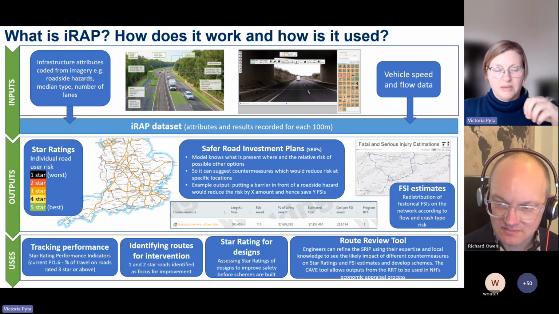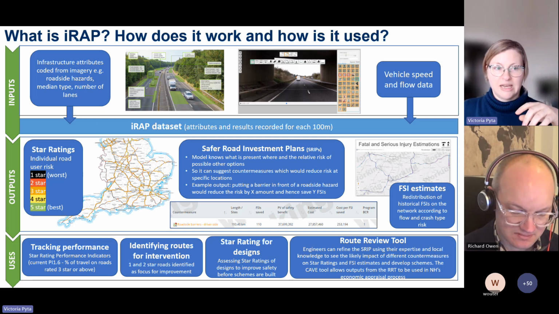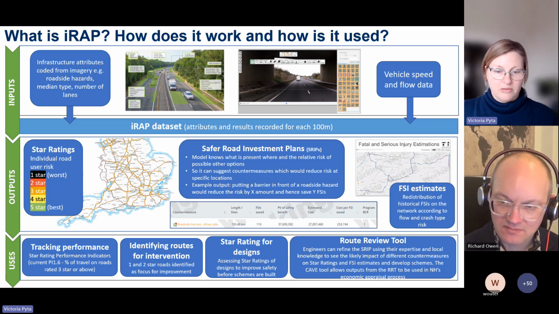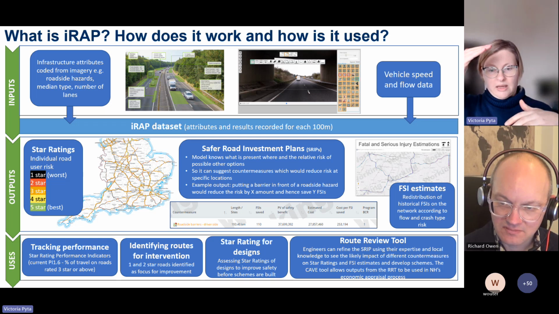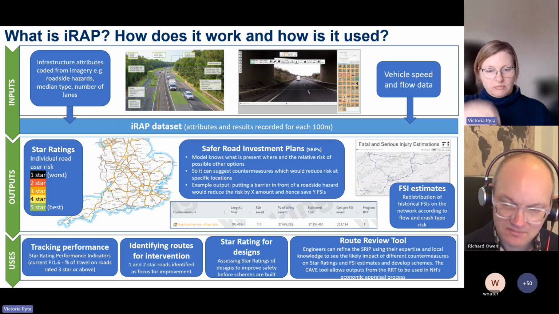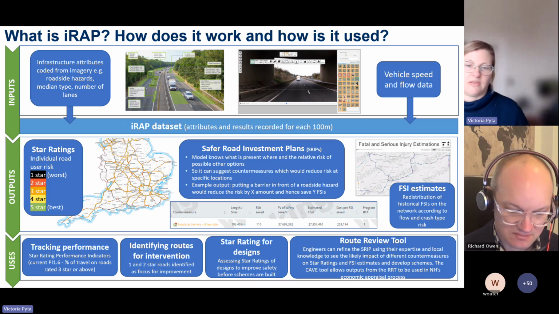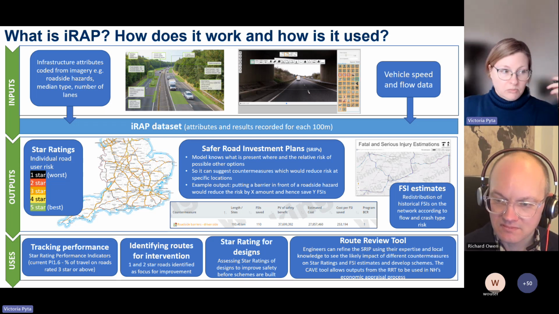They combine that information with vehicle speed and flow data, and they then rank each 100-meter segment of road according to how the IRAP model combines that information to rate it in terms of the inbuilt safety of that section of road. So 1 star being the worst, 5 star being the best.